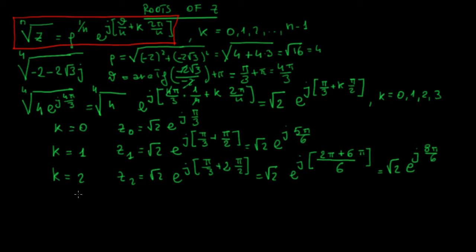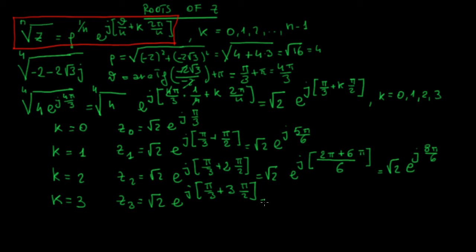While for the last value, k equals 3, I got z sub 3, which is the square root of 2 e to j (pi over 3 plus 3 times pi over 2).